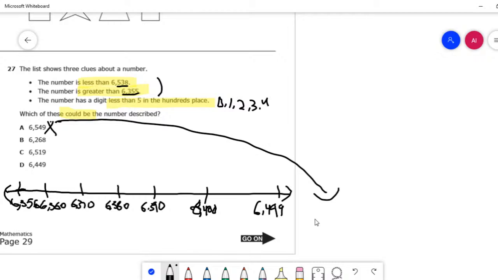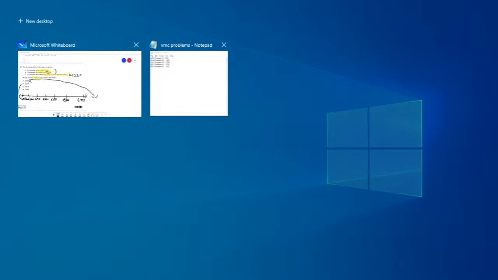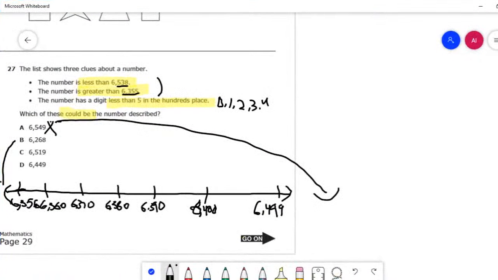Now we only start at 6,355. So that means that this answer choice is somewhere all the way to the left of our number line. So we can also mark this answer choice as incorrect. 6,519. Well, again, this answer choice is going to be somewhere over there, way outside our number line.